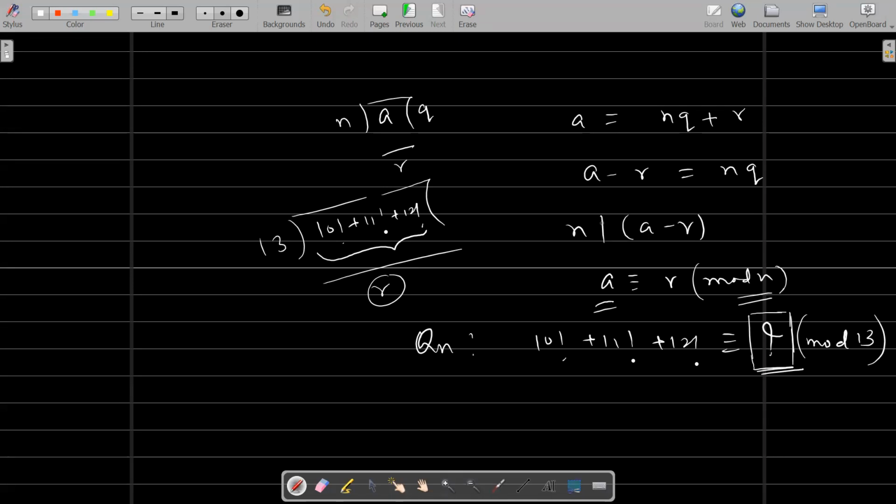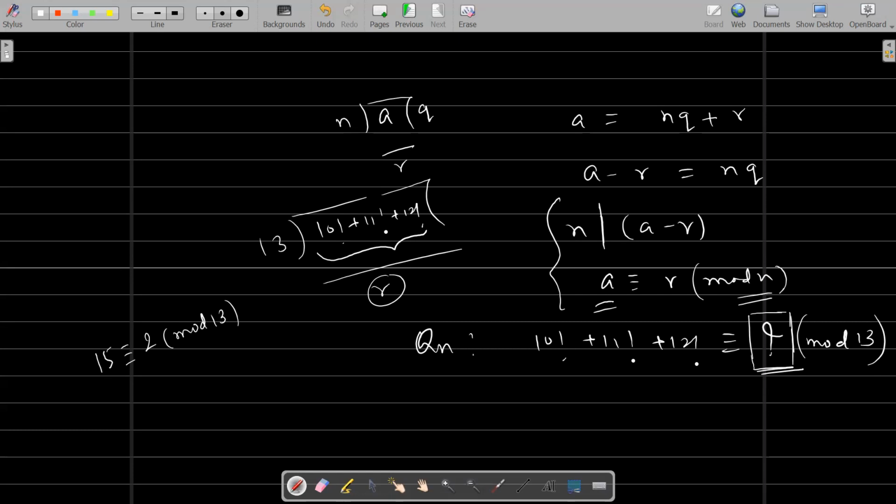Yeah, so you want the definition. We say A is congruent to R mod N if N divides the difference A minus R. This is the definition of congruence. Let's take simple cases. For example, 15 is congruent to 2 mod 13, right? Because 15 minus 2 is 13 and 13 divides 13.